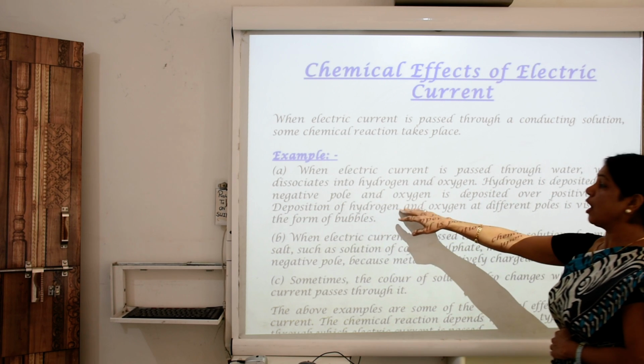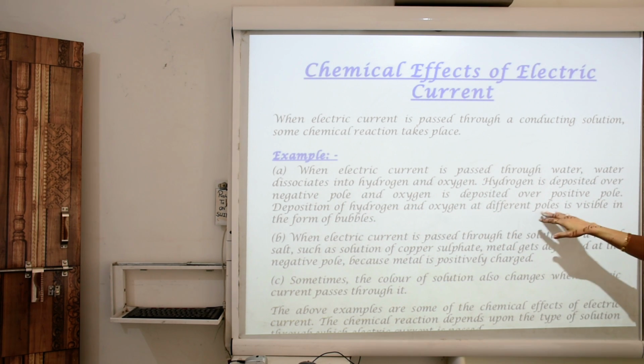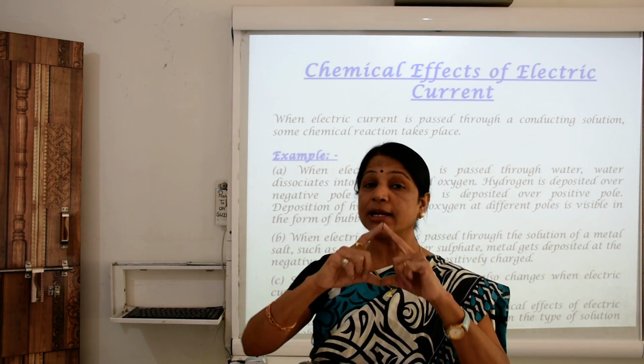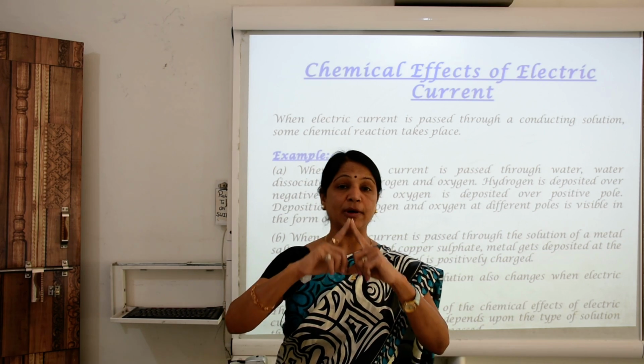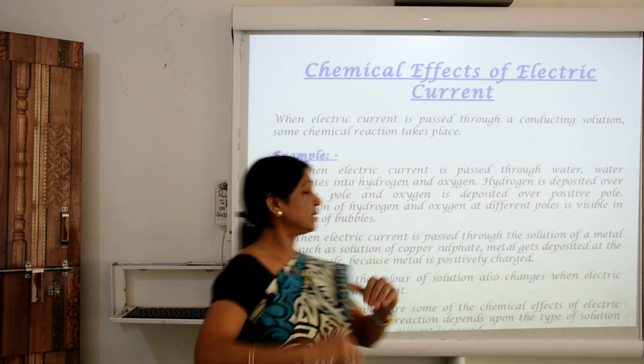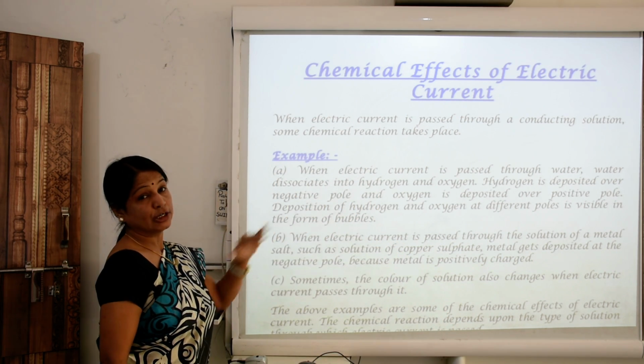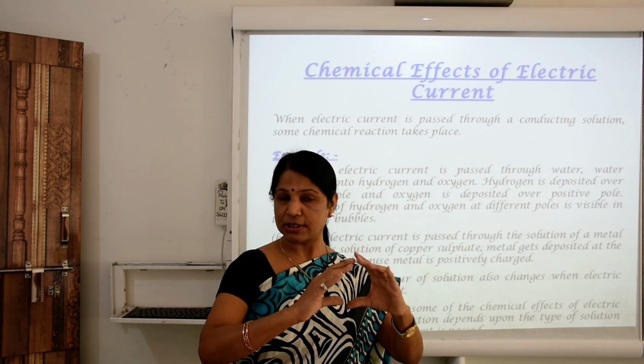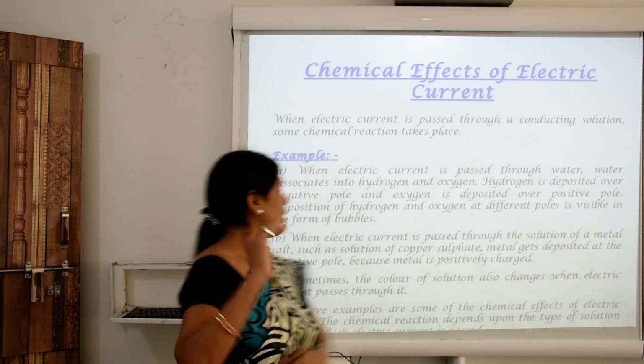The deposition of hydrogen and oxygen at different poles is visible in the form of bubbles. We come to know from the bubbles that the water is divided into hydrogen and oxygen.